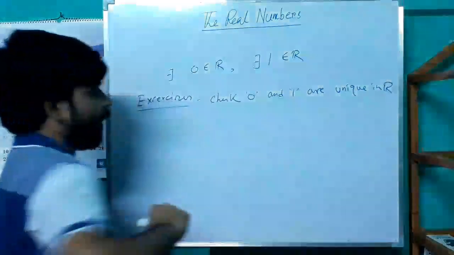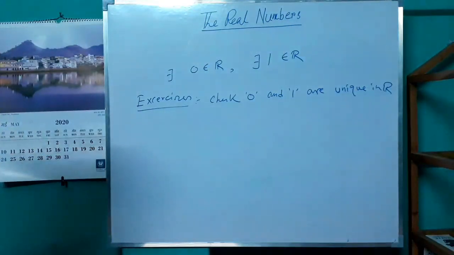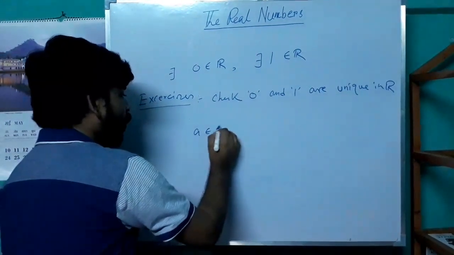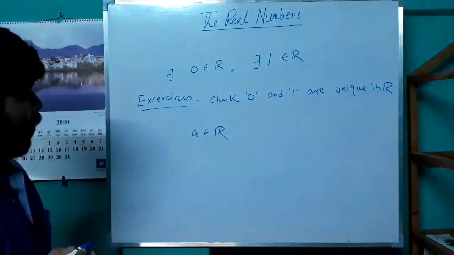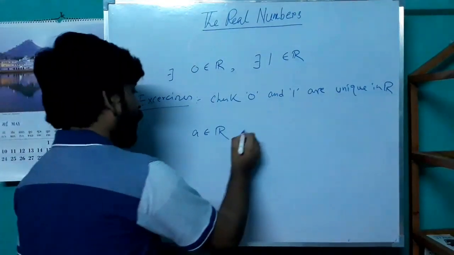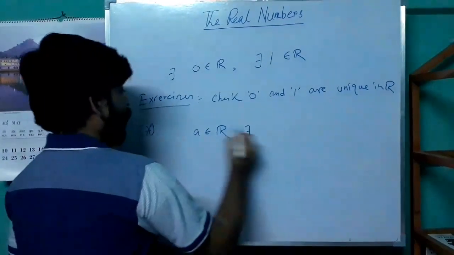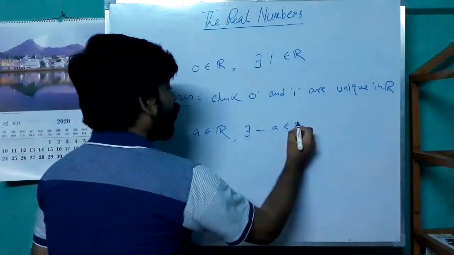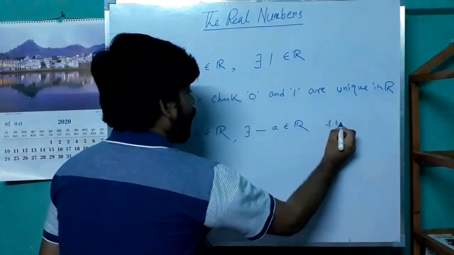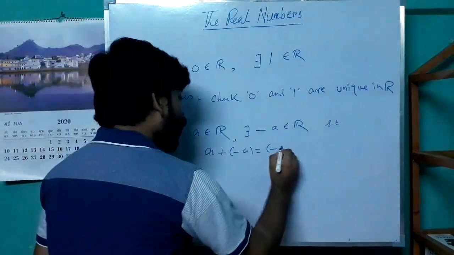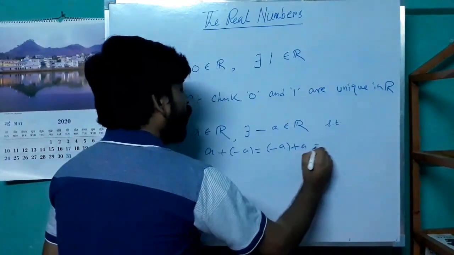The next observation is that if we take any element A from R, then there exists an element minus A belongs to R such that A plus minus A is equal to minus A plus A equal to 0.